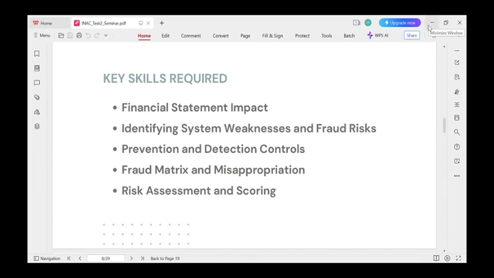I'll send it to you guys on the group. Okay, let's do the one with inventory management. The rest of the questions, I'll send it to you guys.